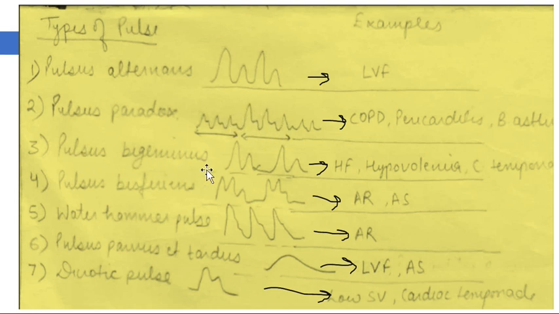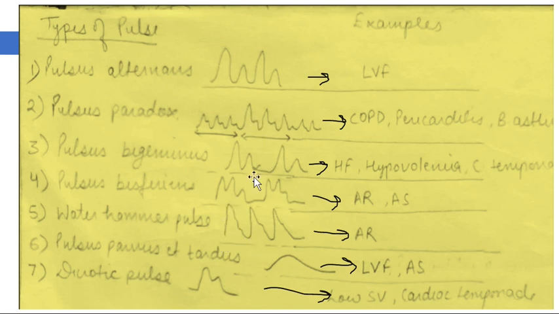Pulsus bigeminus: again one high amplitude, one low amplitude, then we have a gap between them. Pulsus bisferiens means that during systole we have two peaks, so the large systolic wave is divided into two waveforms, making an M shape. Water hammer pulse: as you can see, there is a sudden upstroke and sudden downstroke.